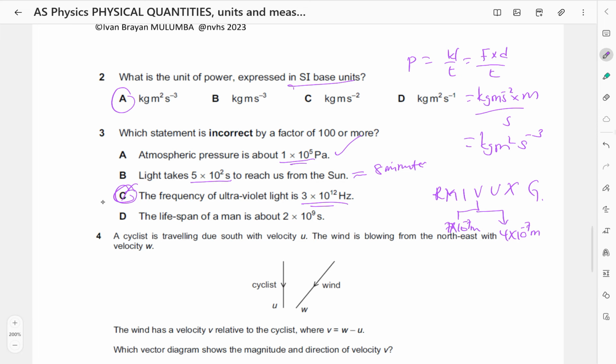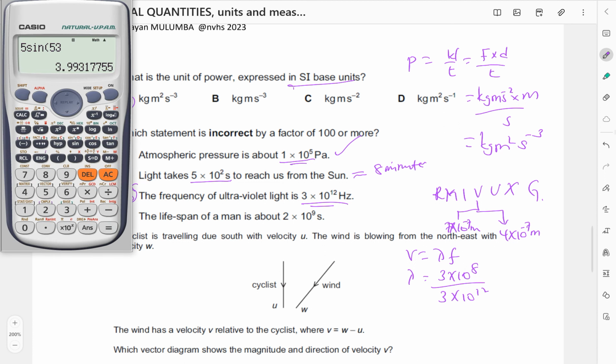Let's check. So v is equal to lambda times f. So lambda is equal to v, the speed of light, which is 3 times 10 power 8, divided by the frequency, which is 3 times 10 power 12. This gives you a very large wavelength. 3 exponent 8 divided by 3 exponent 12 gives us a wavelength of 1 times 10 power negative 4 meters, which is very large.